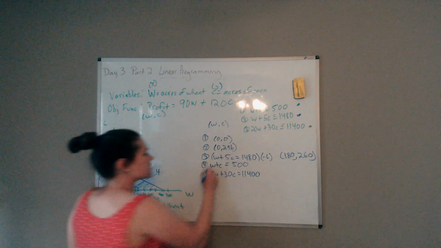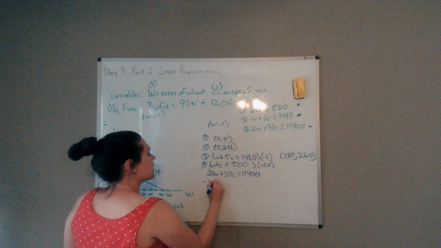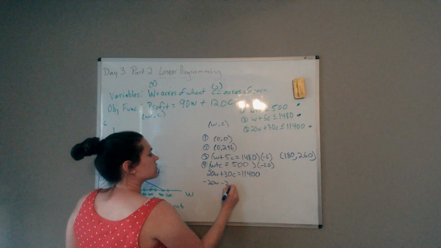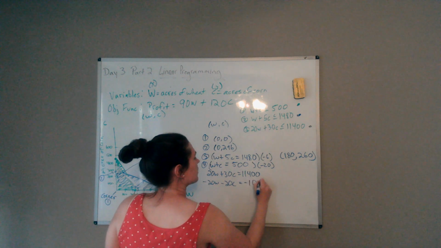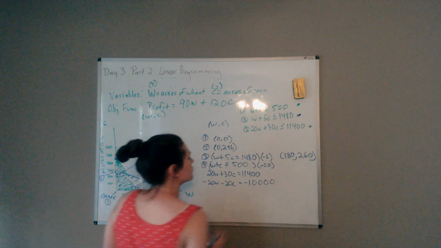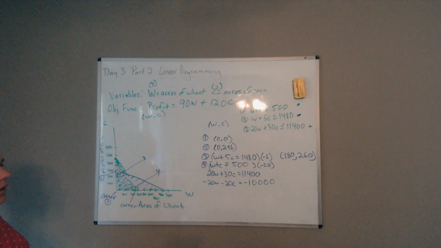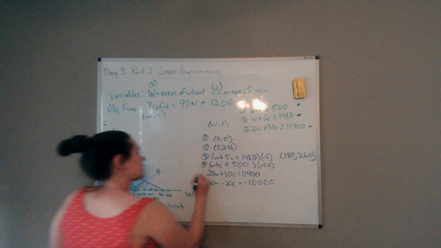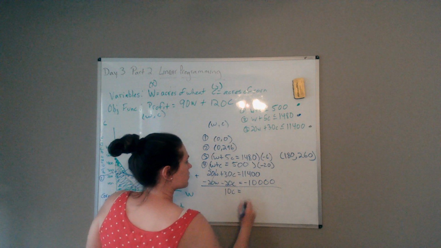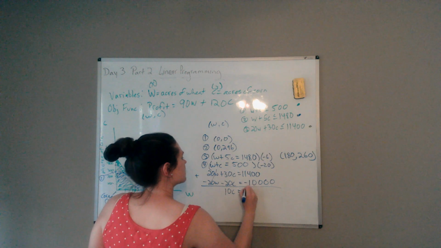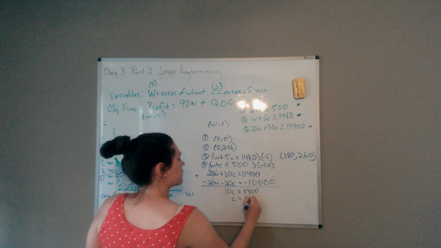So we have to solve this system. I'm going to multiply this by negative 20 and get rid of W. So it's going to be negative 20W minus 20C equals negative 10,000. Okay, and so we have to add these together, and we get 10C equals 11,400 minus 10,000, that's 1,400, and so C equals 140.